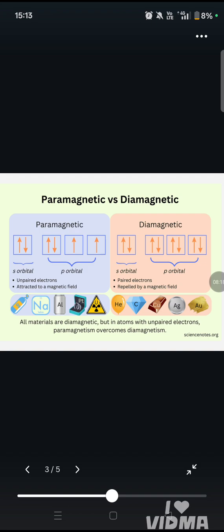So, an important point to remember is that diamagnetic materials are not attracted; they are repelled. Diamagnetic materials examples are copper, bismuth, water, gold, silver. Diamagnetism is present in all materials.